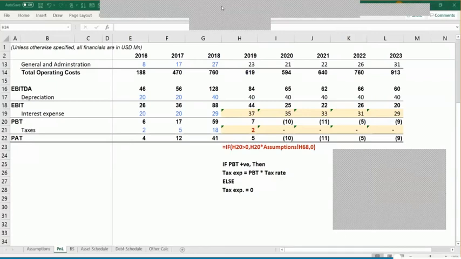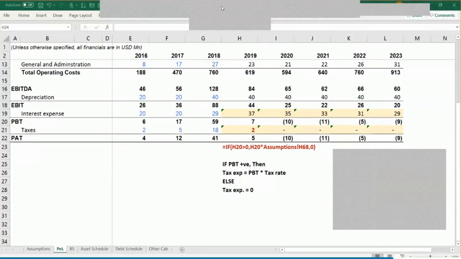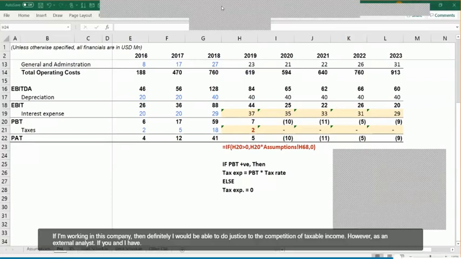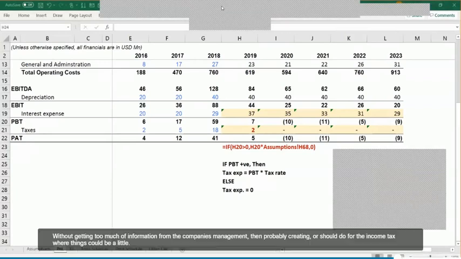But then eventually what that means is we need to have the transactional level data. If I am working in this company, then definitely I would be able to do justice to the computation of taxable income. However, as an external analyst, if you and I have to work on this kind of a financial model without getting too much information from the company's management, then creating a schedule for the income tax workings could be a little difficult task for us.